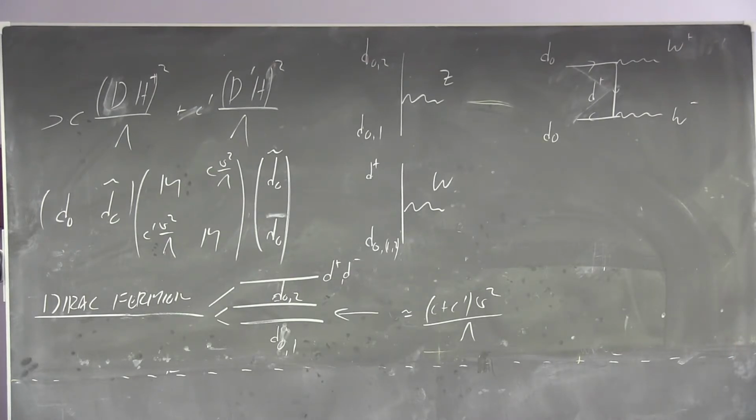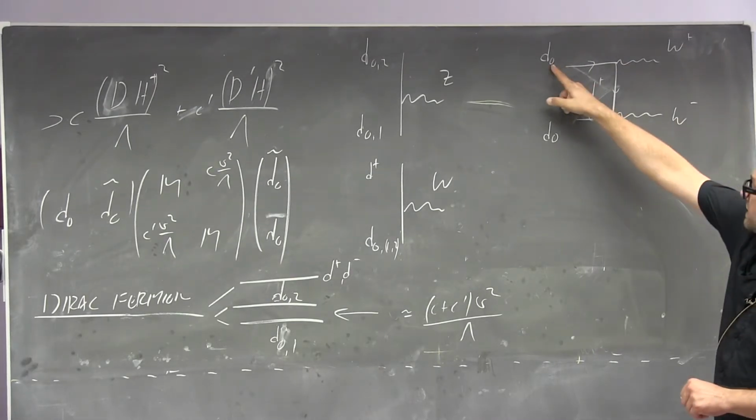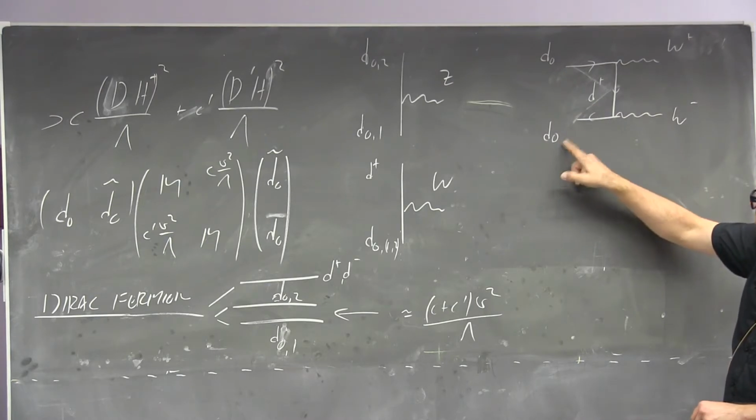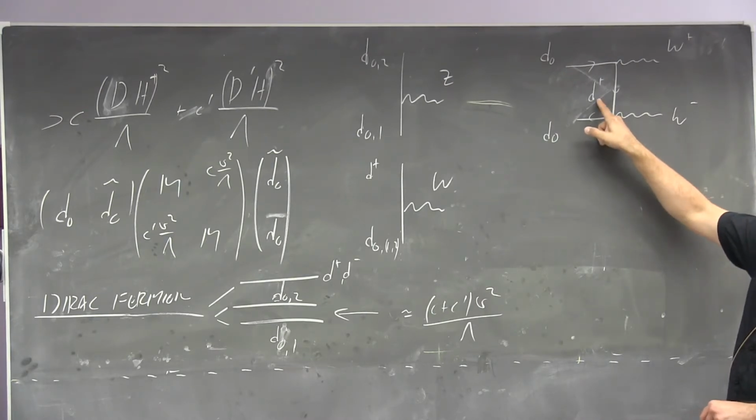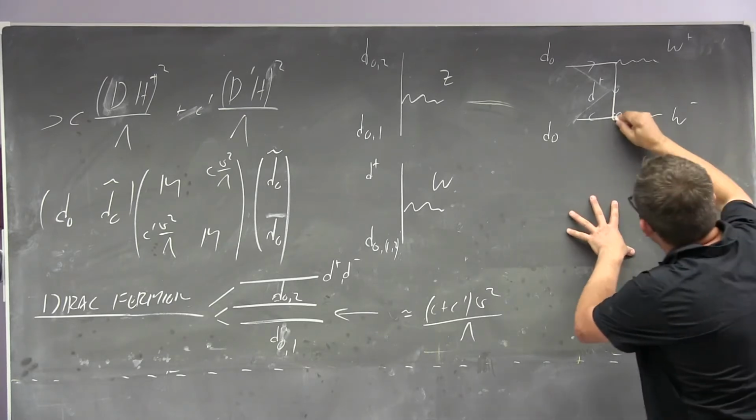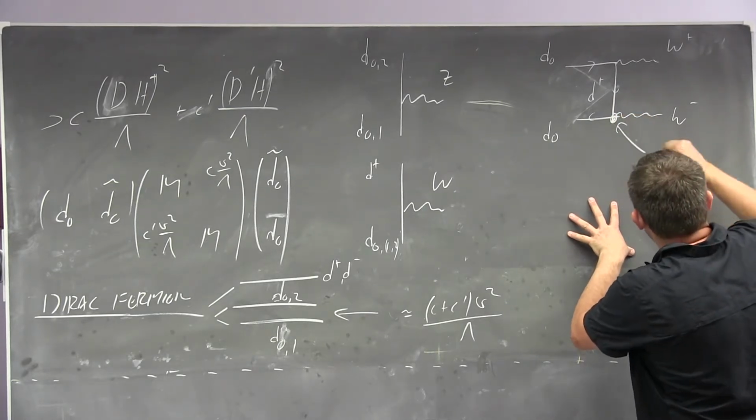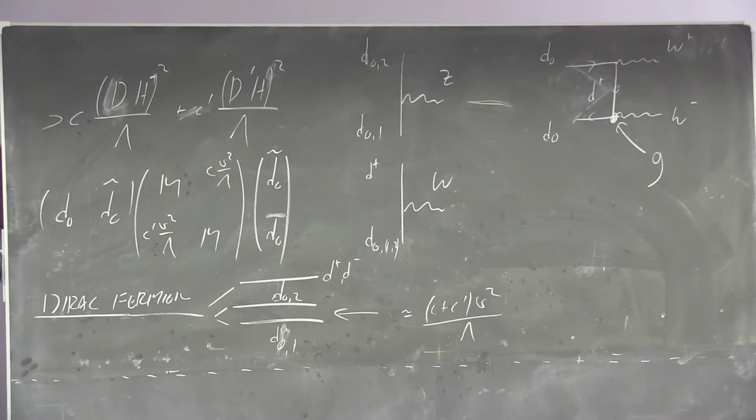The W's talk to D0, 1 or 2, with D plus as an intermediate state. The strength of these interactions is G, the usual electroweak strength G.